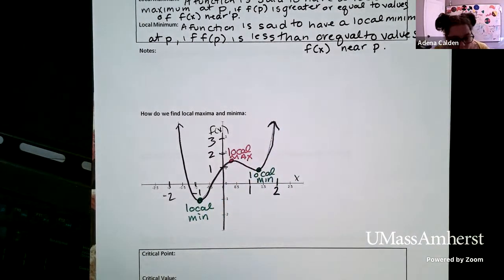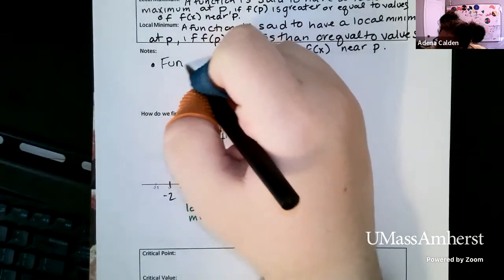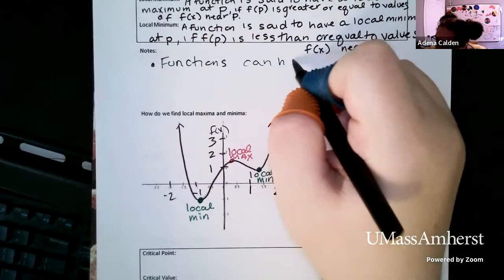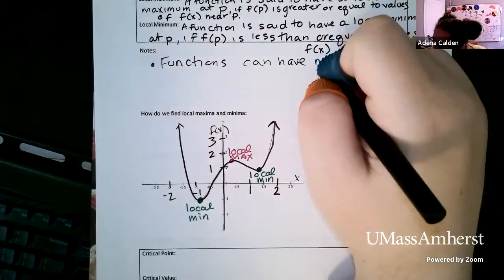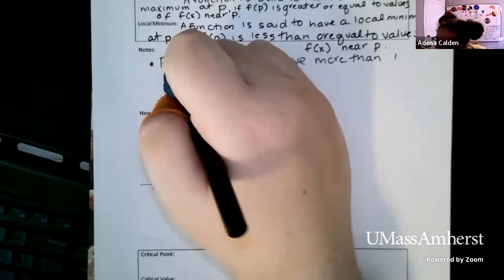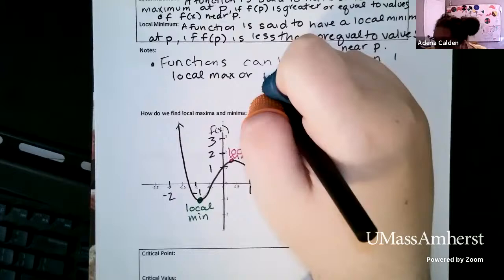Okay. So what are some things that we notice about this? Okay, so first, functions can have more than one local max or min. So there can be multiple.